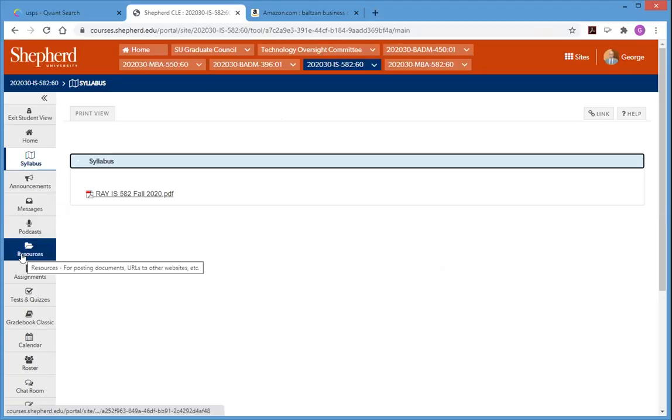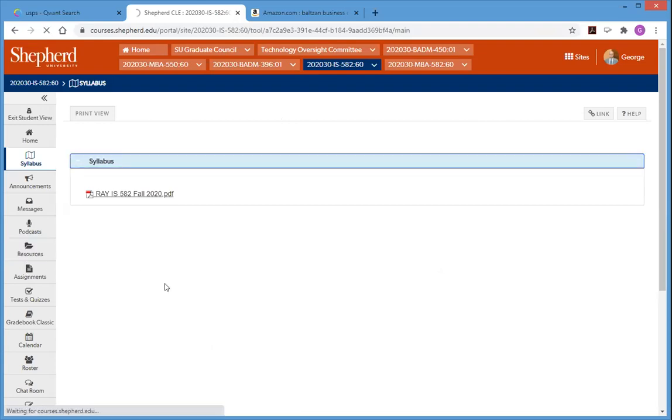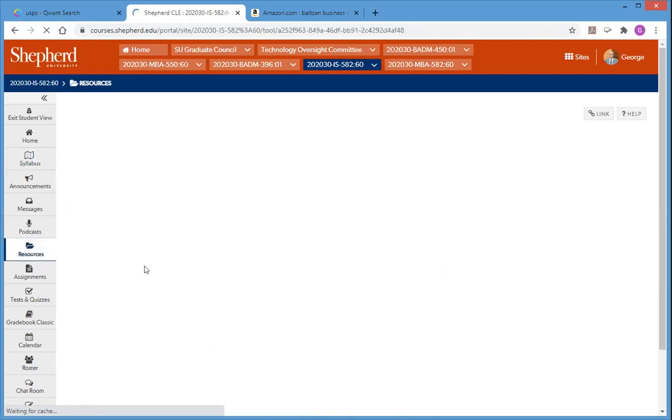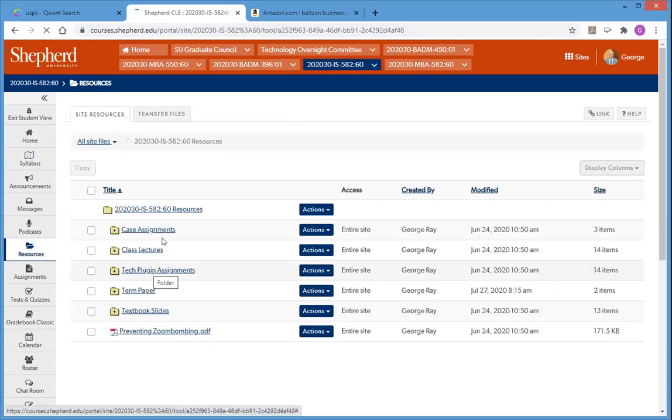If we go to the resources folder, it takes just a moment, and you can see everything's laid out.